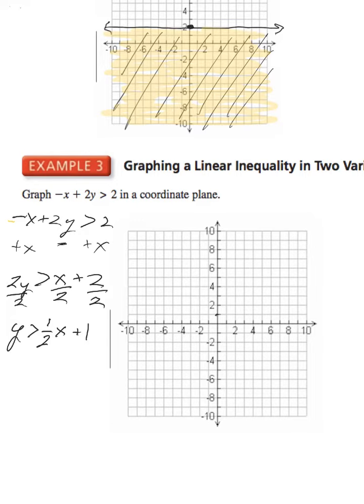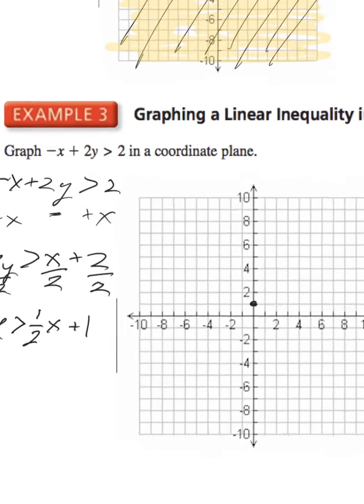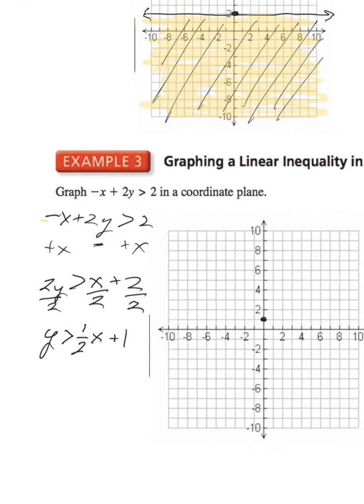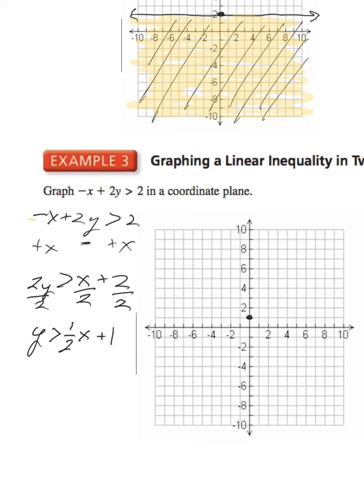We have a y-intercept at 1, and we're going to rise 1 and run 2. So this is what we're looking at. And we can get dots on the other side by going down 1 and over 2. And in this case, because it's not equal to, we're going to use a dotted line.